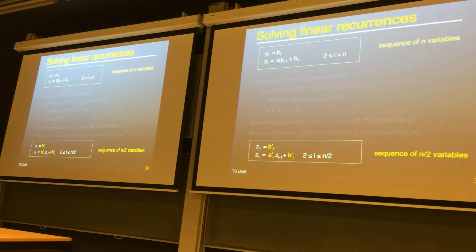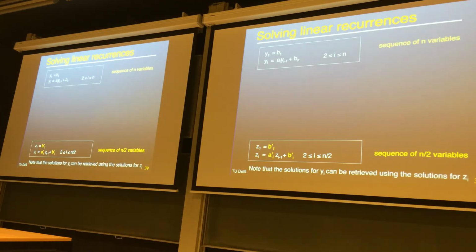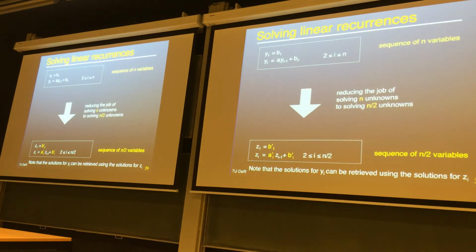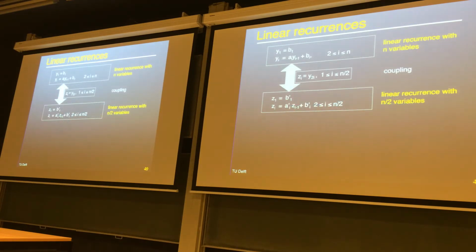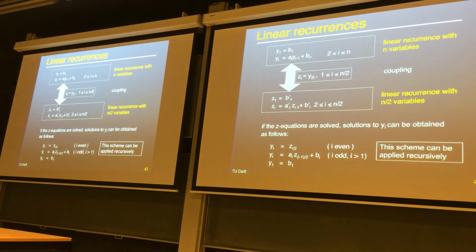So the basic setup is we start with a sequence of n variables, we reduce it to a sequence of n divided by 2 variables. This is the reduction step. You can perform that an arbitrary number of times. So you can apply the same procedure to this set of unknowns again.